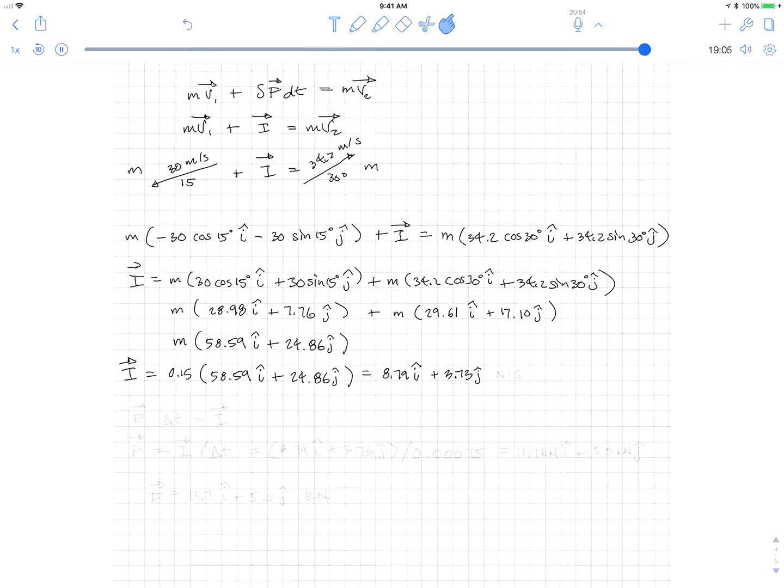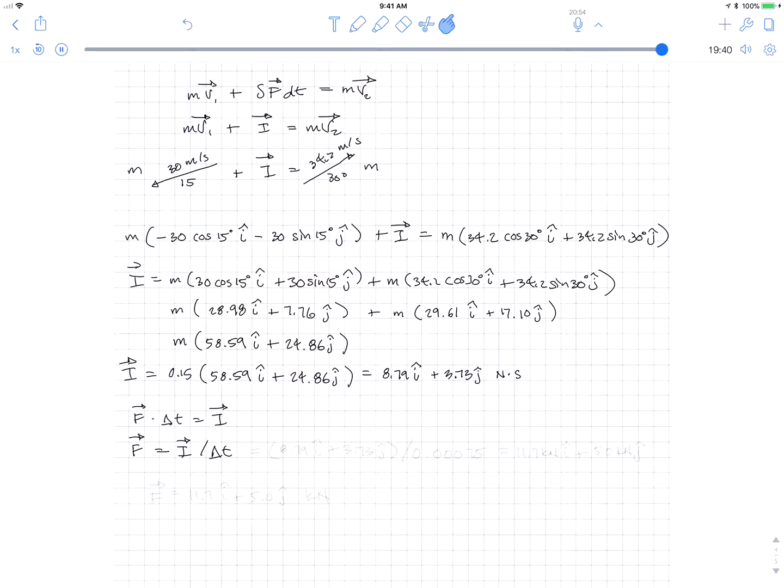Multiplying 0.15 times those numbers gives the final impulse of 8.79 i plus 3.73 j, and the units of impulse are newton seconds. But what they want is the force. So we know that the force times delta t will be the impulse. And so the force is just going to be the impulse divided by delta t.